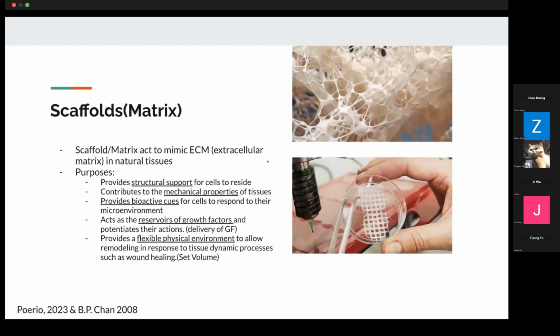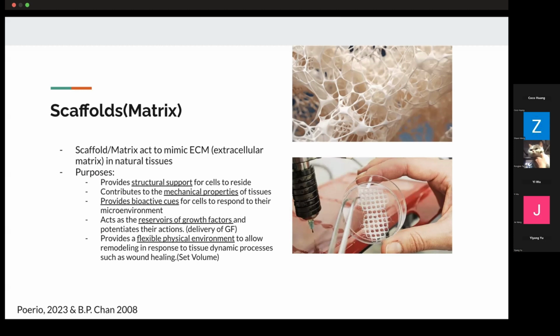And in the next slide, we're going to talk in more detail about what a scaffold or matrix is and all the other components that go into the workflow. Okay, so scaffold or matrix are adopted to mimic the ECM, in which most cells in our body, except for blood cells, grow in natural tissues.